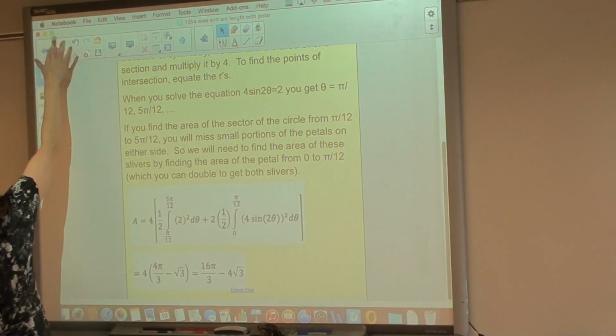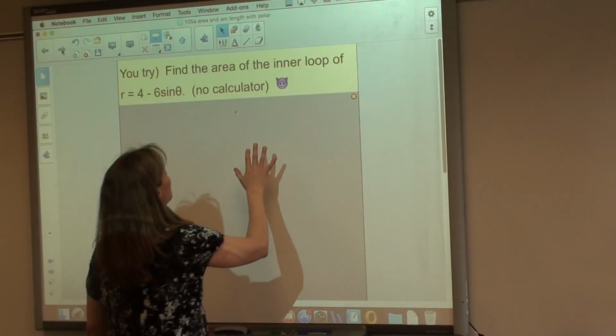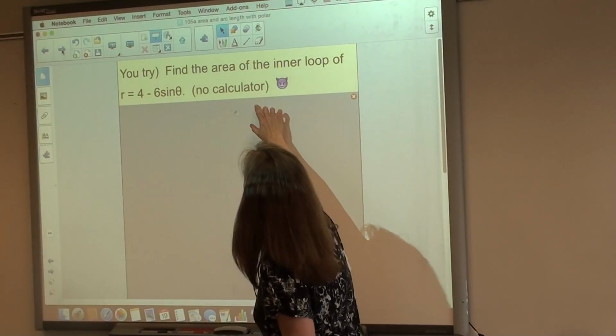All right, okay, last one. We're going to find the area of the inner loop of r equals 4 minus 6 sine theta. I actually am going to go ahead and give you the graph because we only have 5 minutes.